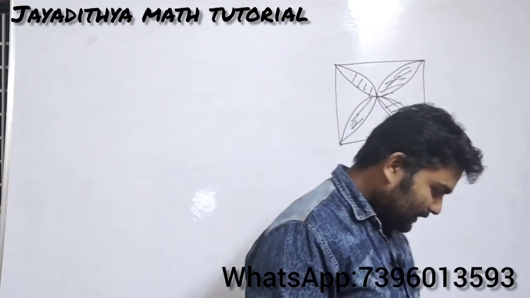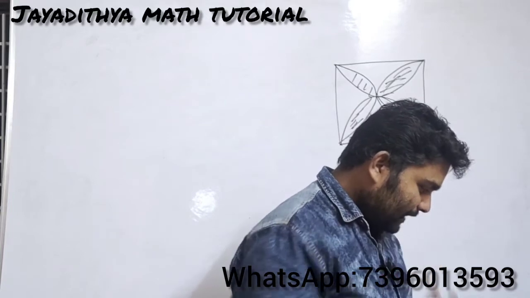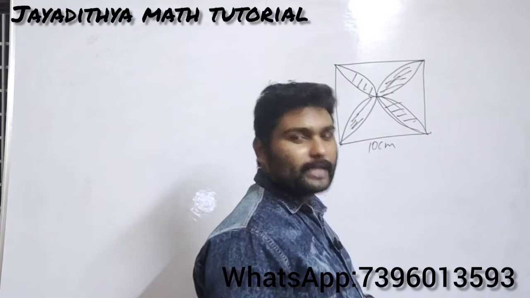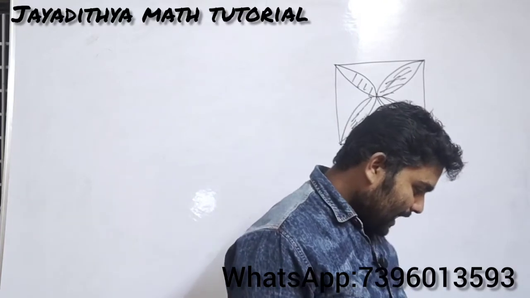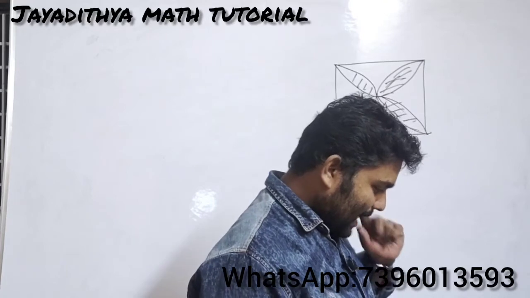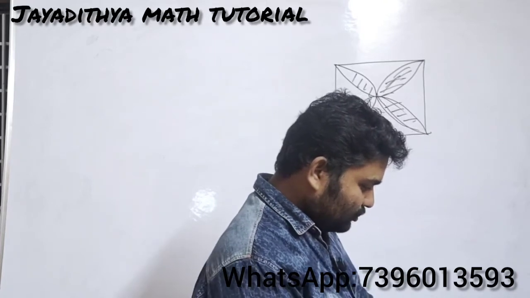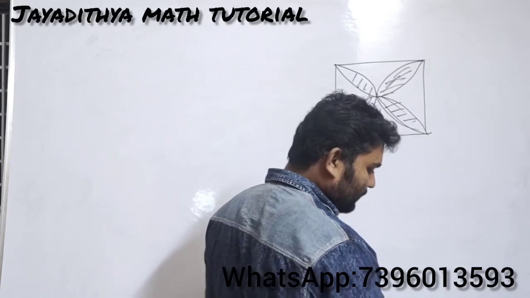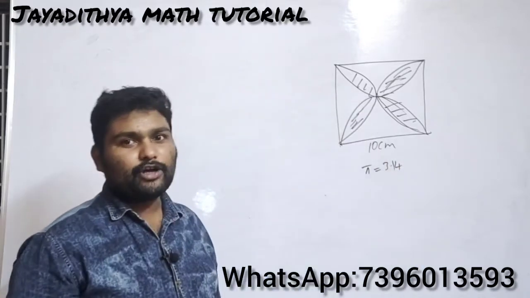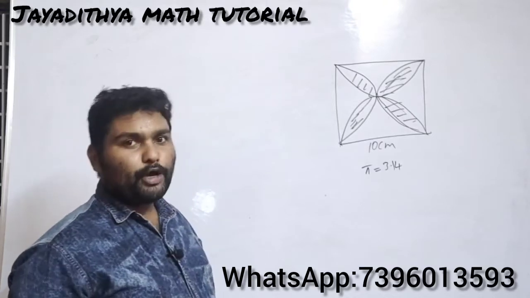In the question itself he has given: find the area of the shaded region where ABCD is a square of side 10 centimeters, and semicircles are drawn on each side of the square as diameter. Use pi as 3.14.